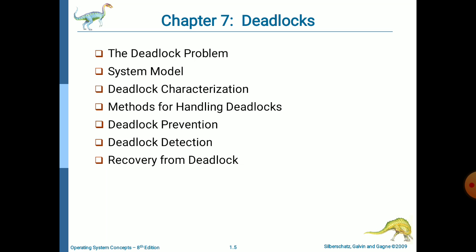There are three methods for handling the deadlock. The deadlock handling methods are deadlock prevention, deadlock detection or avoidance, and recovery from the deadlock. So those things we are discussing.